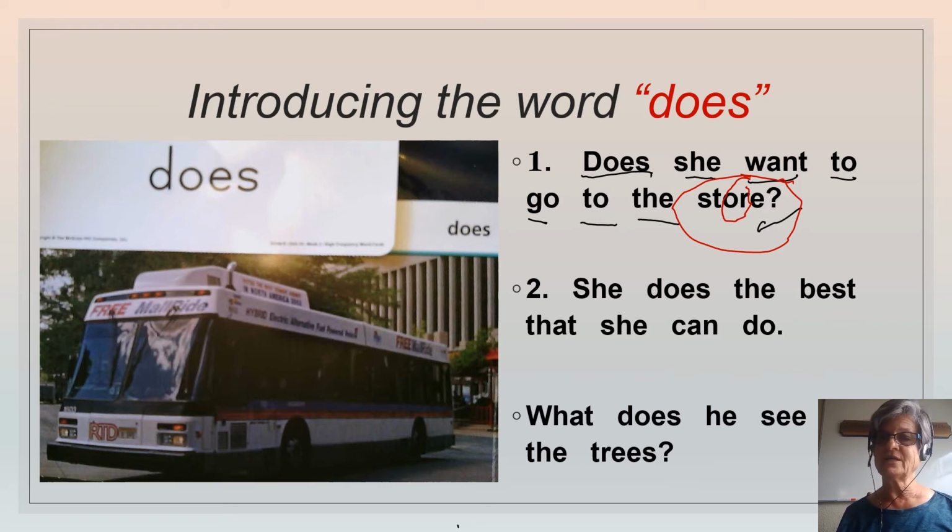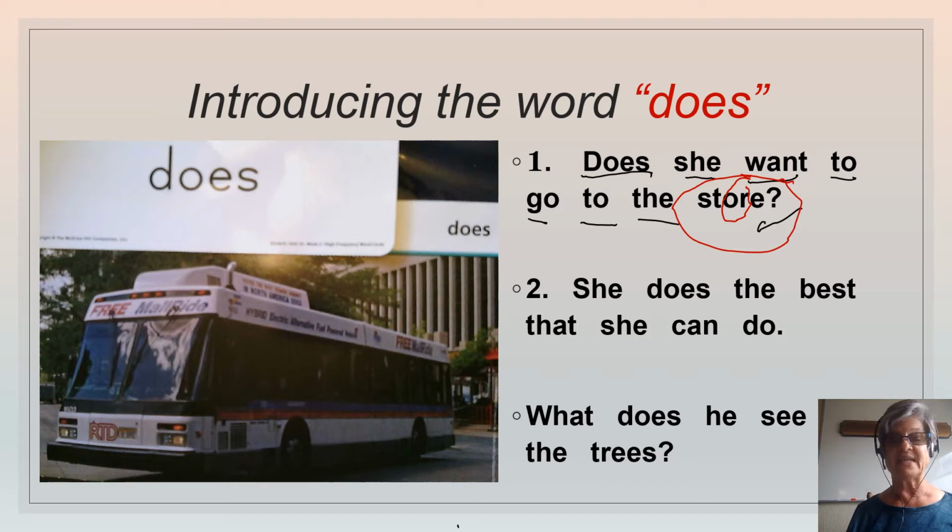So let's start at the beginning and sound the S. The S goes S, the T goes T, the OR goes or, store. That's the word store. Now let's go back to the beginning of the sentence and read the asking sentence together. Does she want to go to the store? Does it make sense? Sure it does.